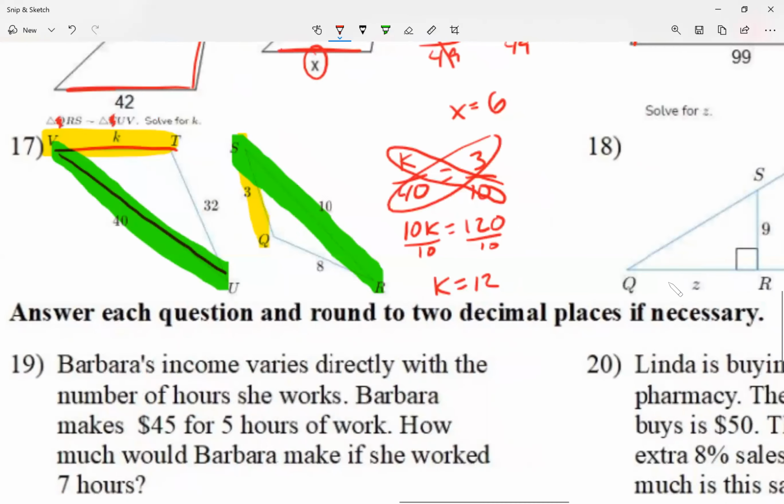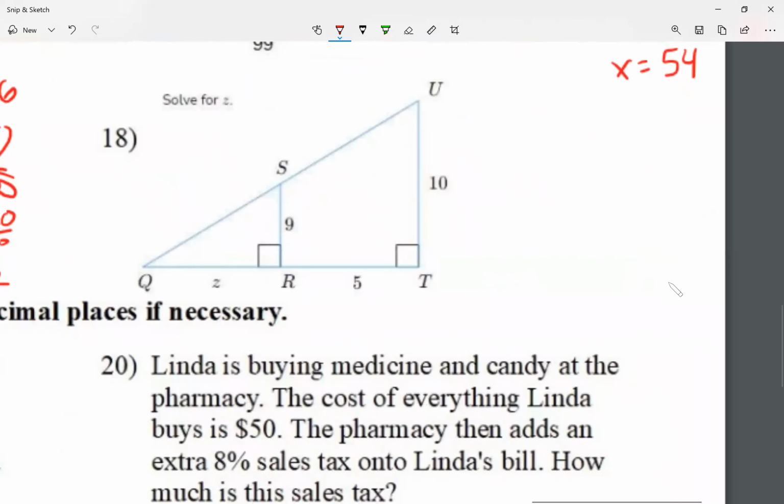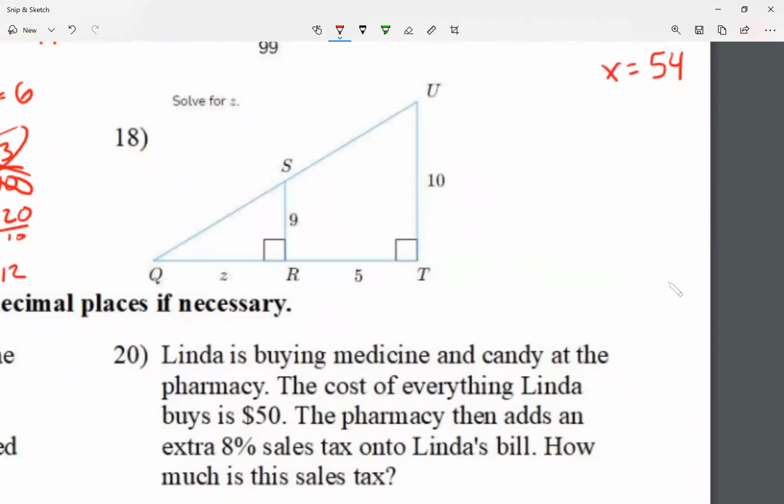Now here, I have to solve for Z. Okay, so I see one small triangle here. You guys see that? I'm going to use the sides 9 and Z. So let me write that 9 and Z. I'm going to make a fraction out of that. You guys see that 9 is the height, so the information that goes up and down.